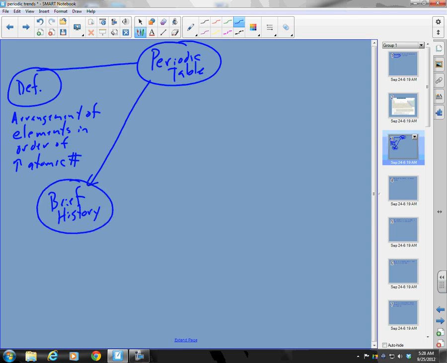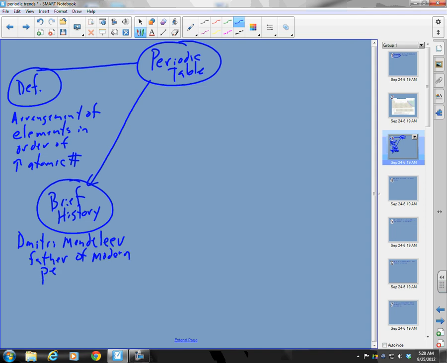Mainly, I want to point out to you that most people consider Dmitri Mendeleev as the father of the modern periodic table.